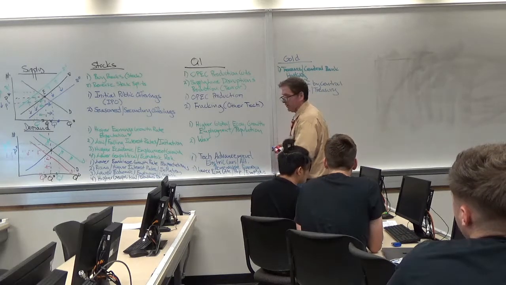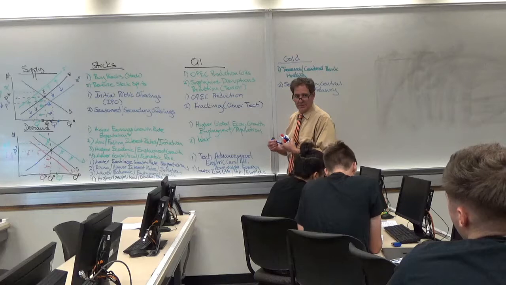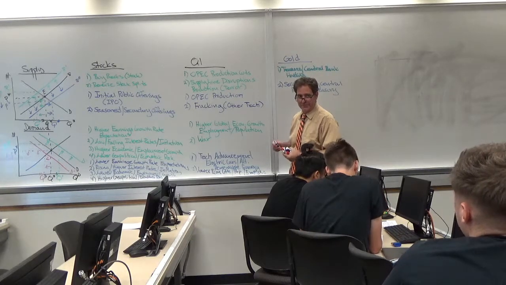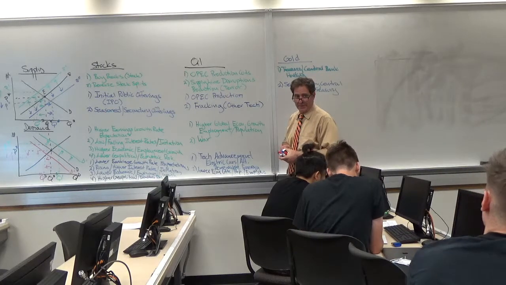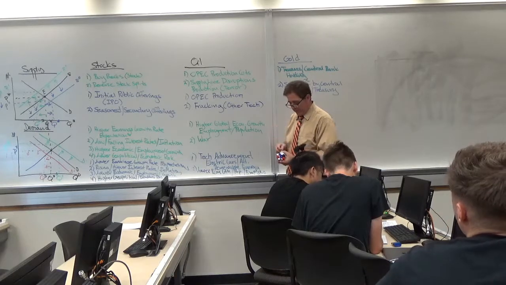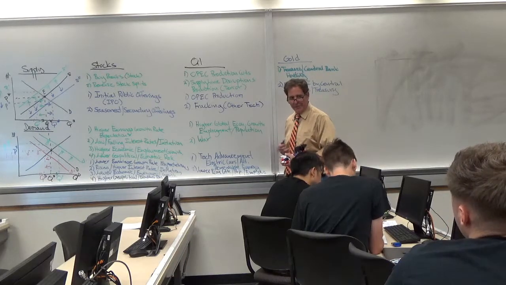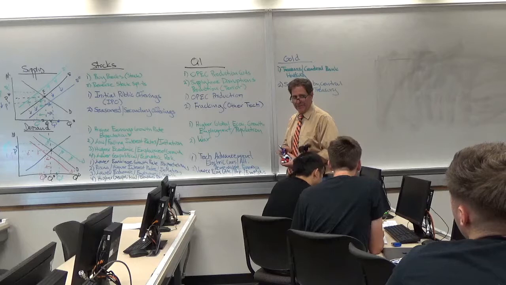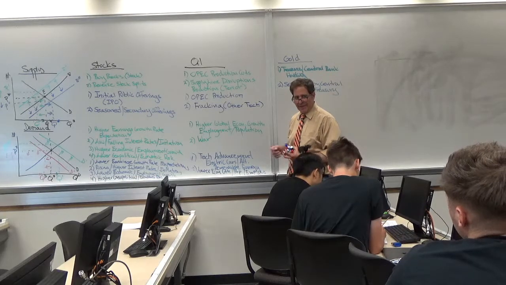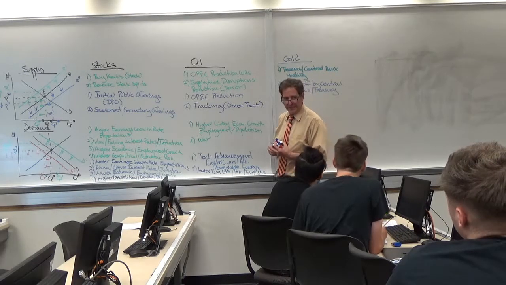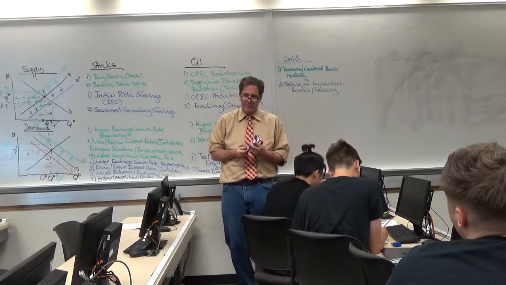What else would increase supply? What if I come up with a binocular that allows me to look into the ground and find gold, and a magic drill bit where we can drill into the ground and pull up oil?